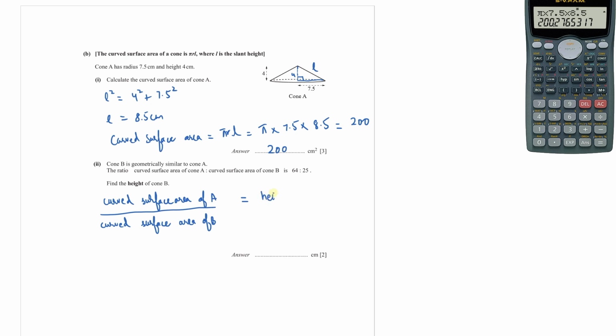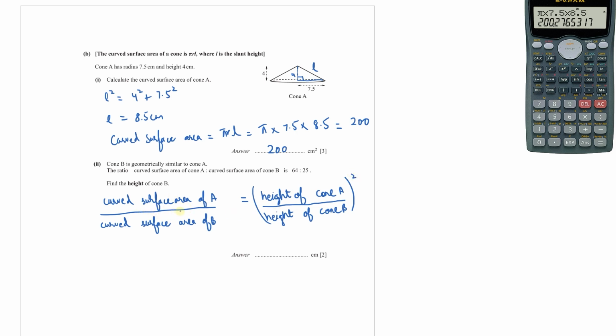So height of cone A divided by height of cone B, and then squared. This is the property of similar shapes.